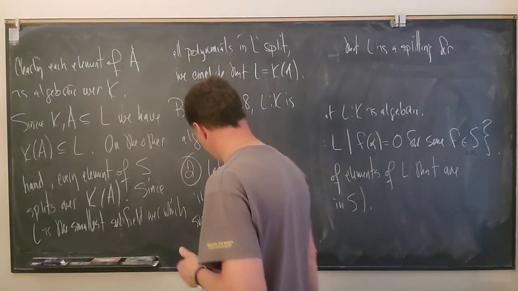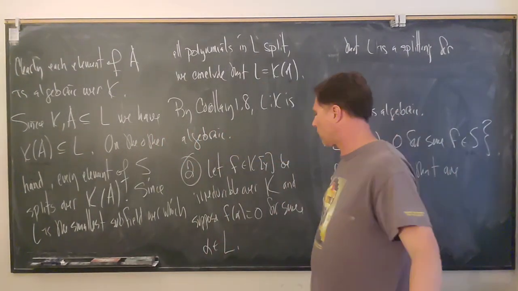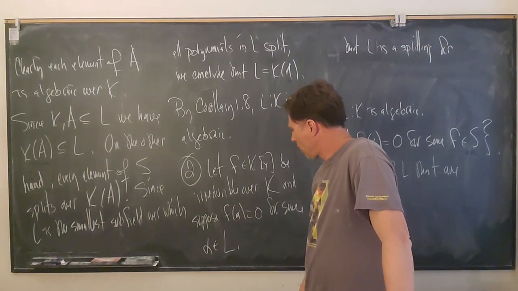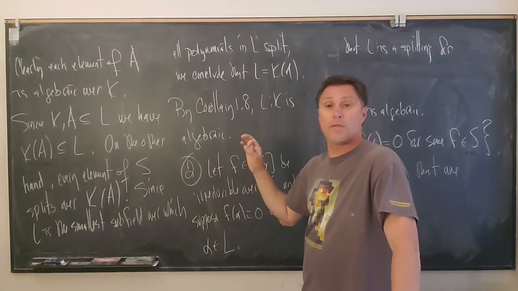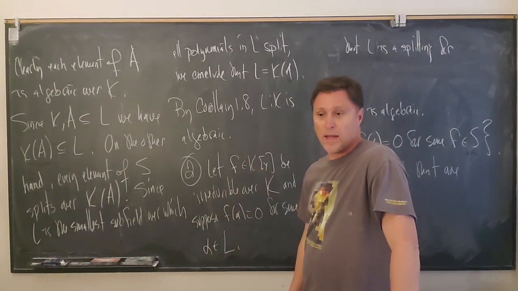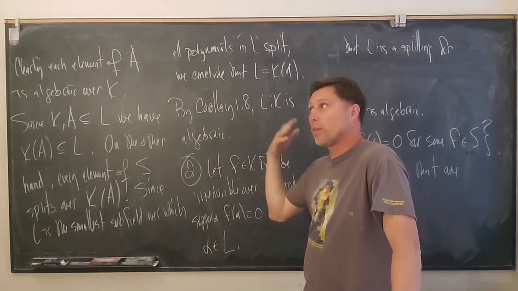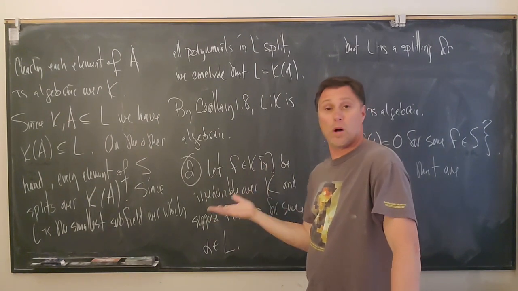Now, we're going to simplify things. First of all, f is an irreducible polynomial, which means that it is a constant multiple of the minimal polynomial. And so we're going to replace f with its minimal polynomial. If we can show that the minimal polynomial splits over L, then because it's just a constant multiple, f will also split.